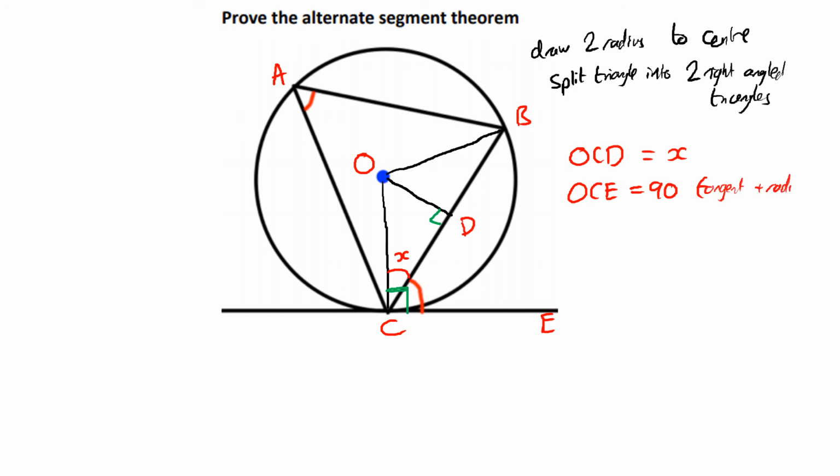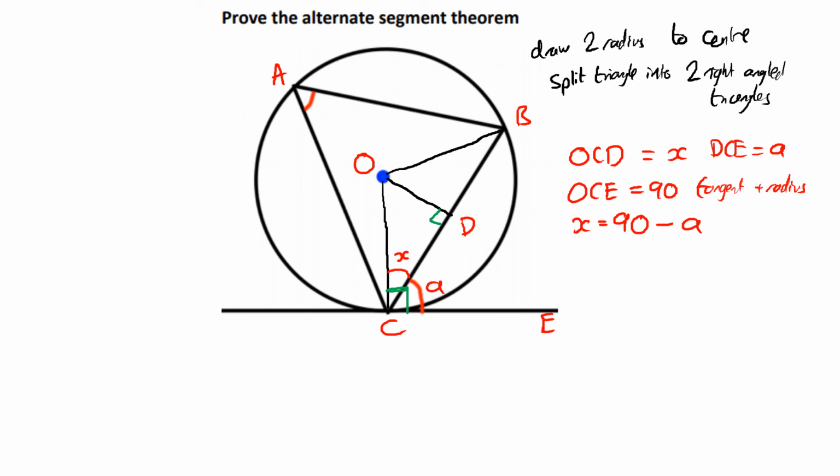We just proved that on the previous slide. And so that would mean that x is equal to 90 take away, let's say, DCE. Now what I think we want to do is define DCE as equal to A, say. So x is equal to 90 minus A.